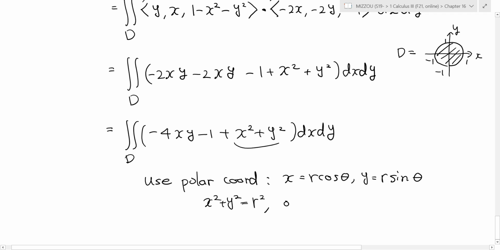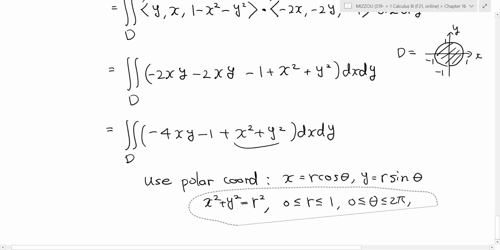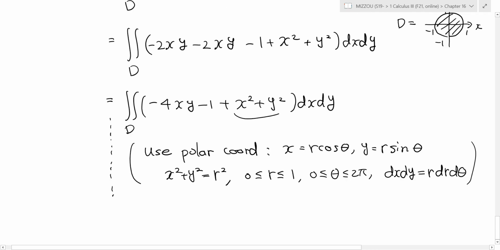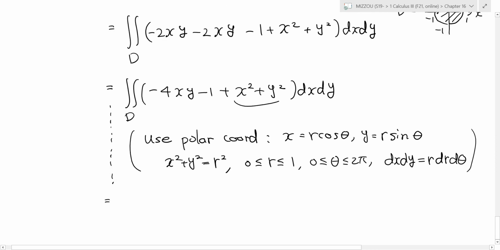And since it's the entire disk, r is between 0 and 1, and theta is between 0 and 2 pi, and then finally dx dy is r dr d theta. Let's use the polar coordinates. If you work this out, eventually you are supposed to get negative pi over 2. This is just a little exercise for double integrals using the polar coordinates.